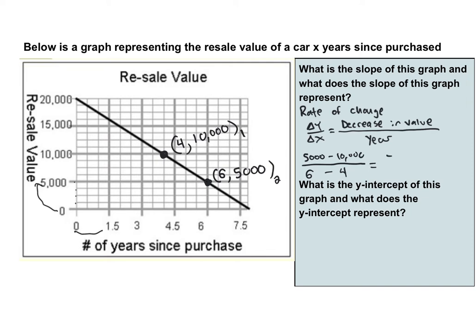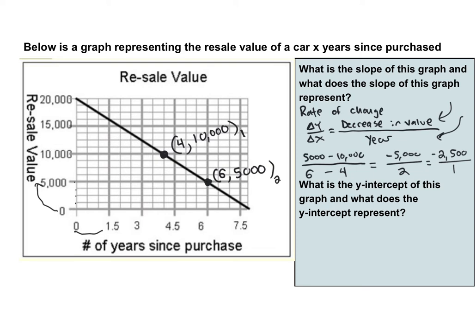It's going to give me negative 5,000 over 2, which means that my slope is negative 2,500 over 1. What this tells me is that my car is decreasing in value $2,500 every 1 year.